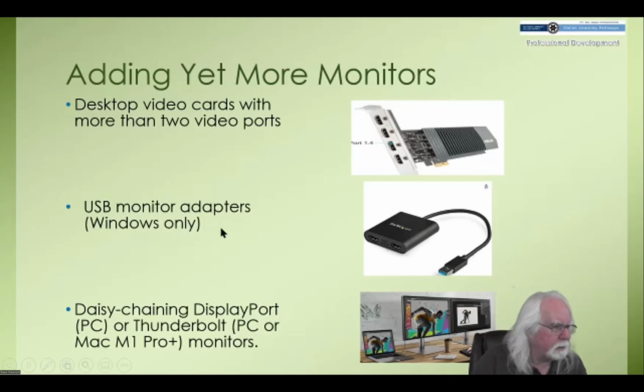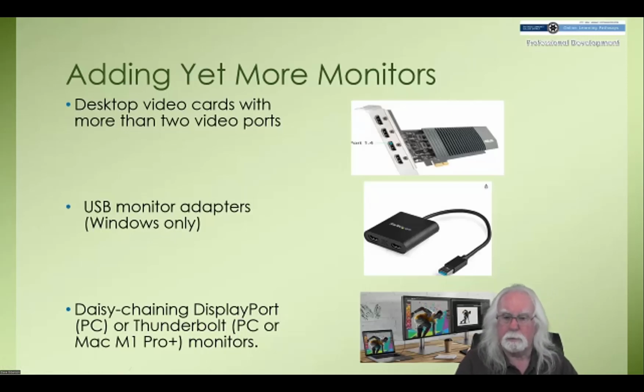And notice that these 2 solutions really only work with PCs. It's difficult to get more than 2 monitors on most Macs, with the exception of that thing where you could share it with the iPad, or share it with a TV through a Roku device or something like that. But you can also daisy chain so-called DisplayPort or Thunderbolt monitors that have either DisplayPort connectors or Thunderbolt connectors on them.